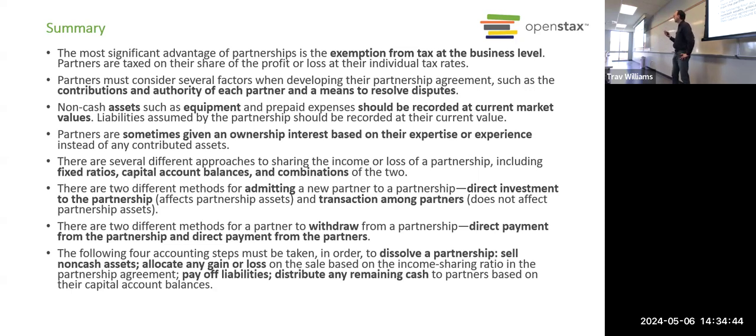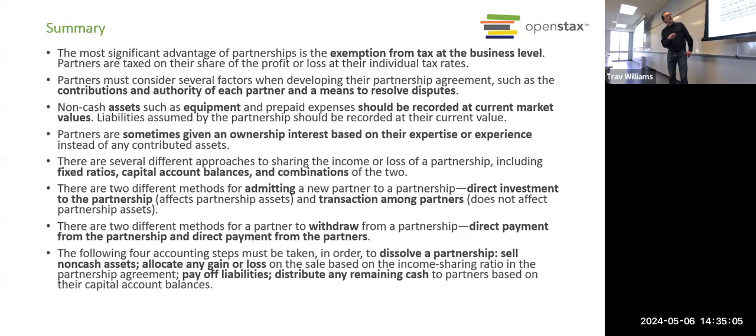And then there are ways to limit the liability of the partners as well. A lot of different options. All of it really needs to be specified in the partnership agreement as far as who's responsible for what, how much each partner has to contribute, etc., how you're going to resolve disputes.